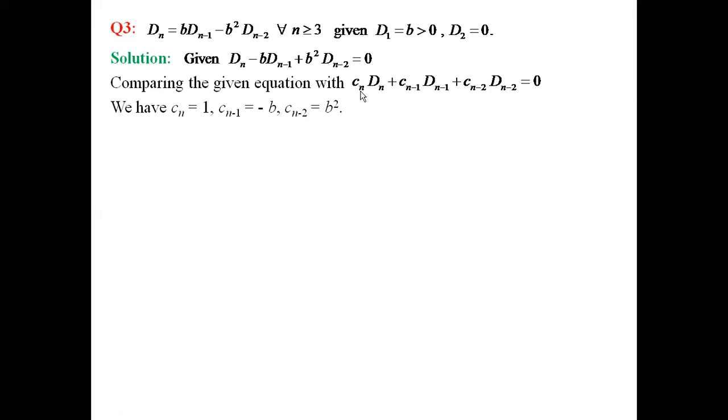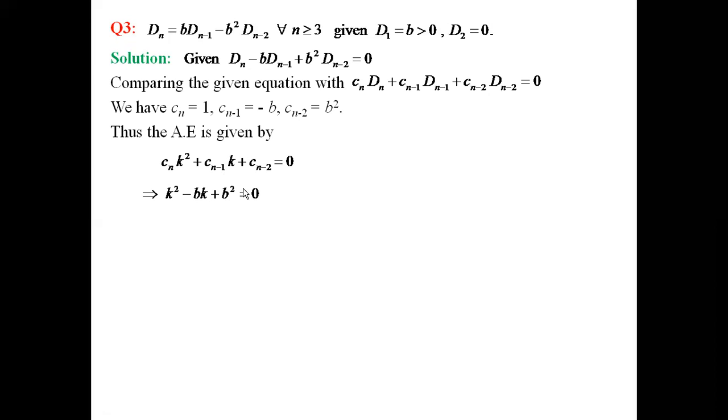And by comparing, Cn value is 1, Cn minus 1 is minus b, Cn minus 2 is b square. Thus, the auxiliary equation is given by, this is the formula for us, substituting Cn minus 1, Cn minus 2, we obtain k square minus b into k plus b square equal to 0.